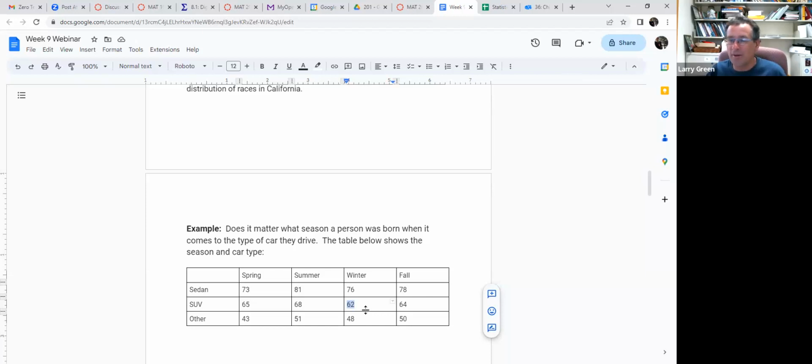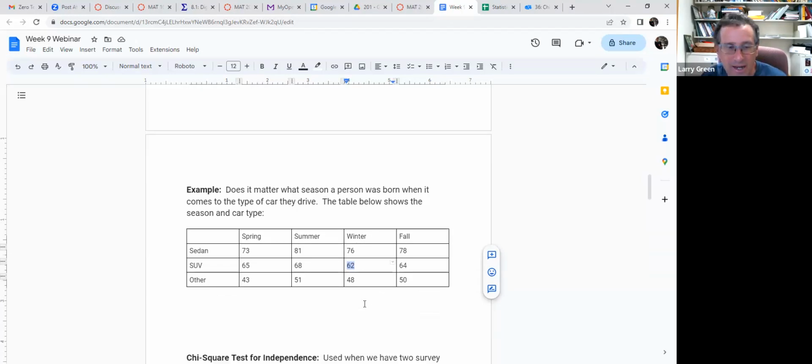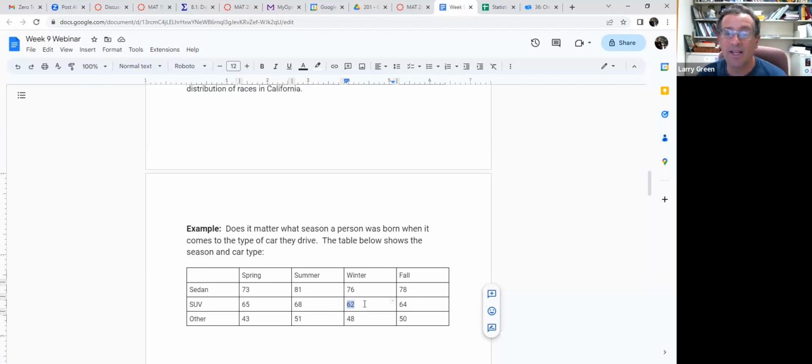That's how you read this table. Any questions so far? Okay, so now we've got to say, can we use a goodness of fit test for this? What do you think?